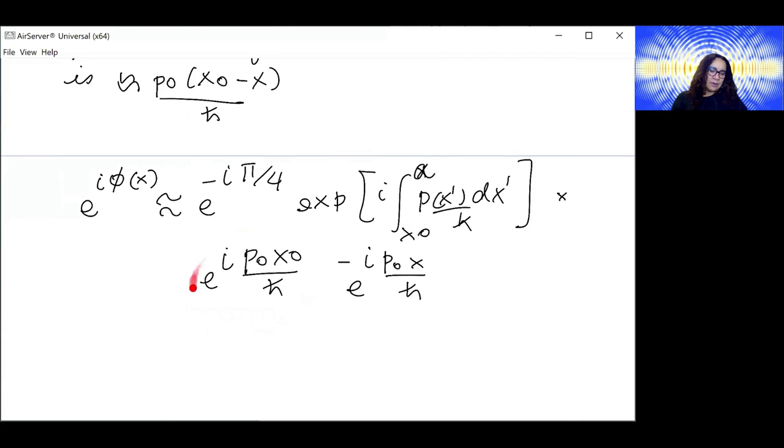This phase is also a constant, but this is varying with x, so that when you go for x between minus infinity and x naught, which is also negative and large in terms of absolute value, you're going to get that this thing is going to be proportional to e^{-i p naught x / h bar}.